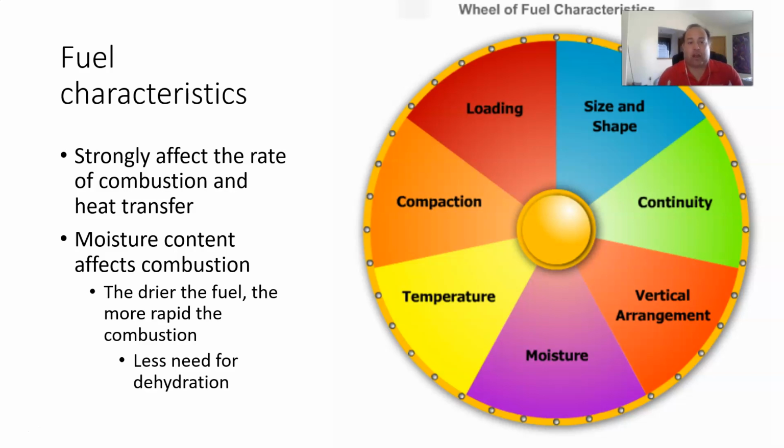And so fuel characteristics strongly affect the rate of combustion, so how quickly the fire can destroy everything, and heat transfer, how fast it can move and how much fuel it can take. And then moisture plays a huge role in this, and I think we all understand that the drier the fuel, the more rapid combustion you have, but the wetter the fuel, the less chance there is for combustion.